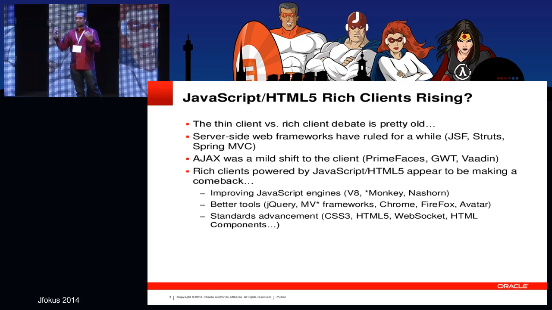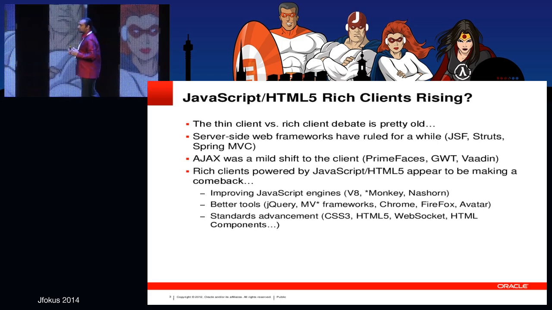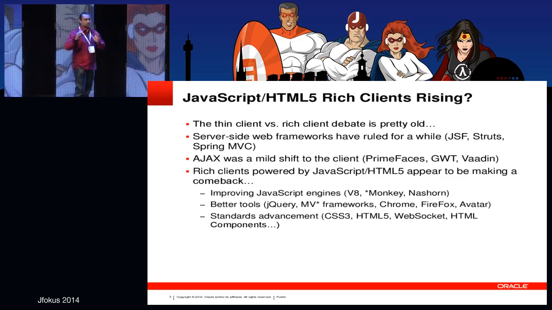That's your first generation of client-server applications. Then we moved business logic to the server side. That is the J2EE, EJB era. That is really what Java EE's roots are.